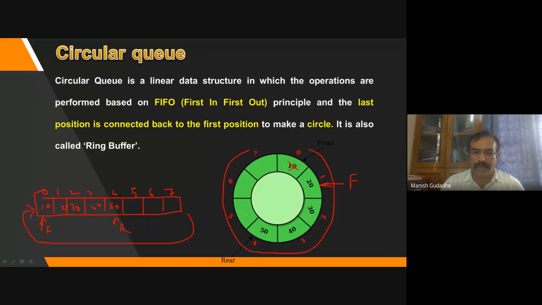So even if I am adding 60 here, 70 here, 80 here, and now I am deleting one element, I can add 90 here. R will be pointing from this position to this position now. Are you understanding?